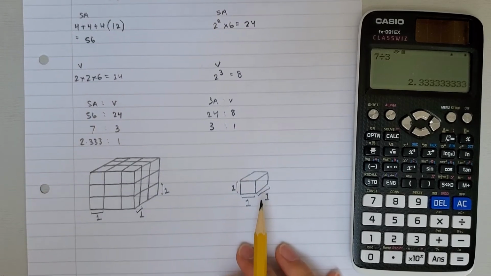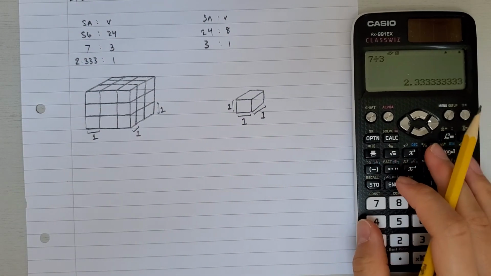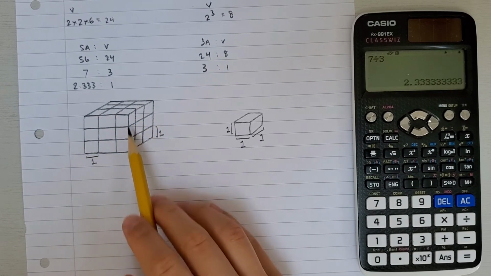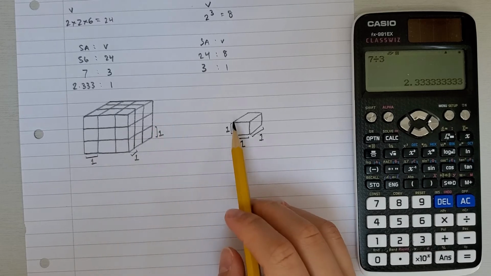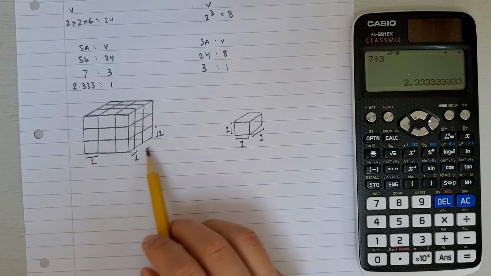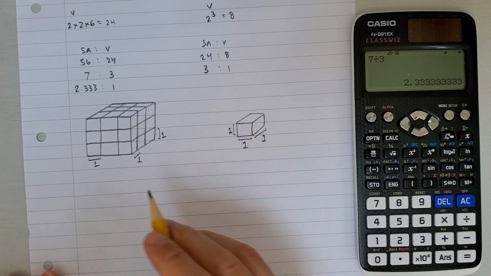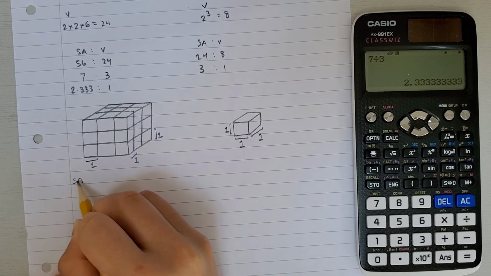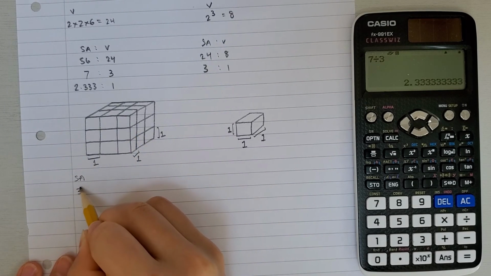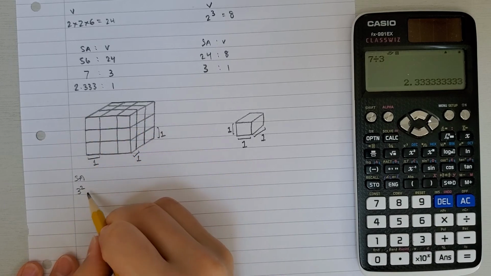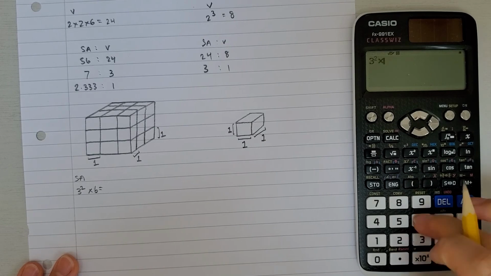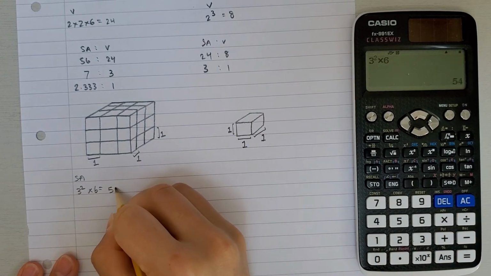So if we do some more examples, we have a cube here. This looks like a Rubik's Cube, where we have blocks of 1 compared to 1 block of 1. So we have a 3 by 3 and a 1 by 1. If we calculate the surface area, we have 3 by 3, so 3 squared, and we have 6 sides. So 3 squared times 6 is 54.